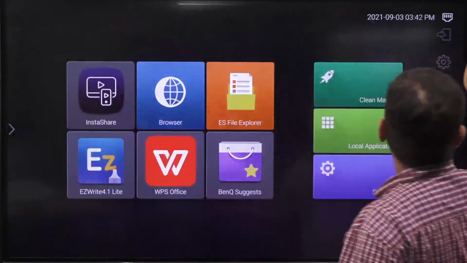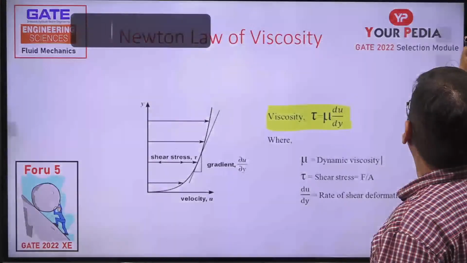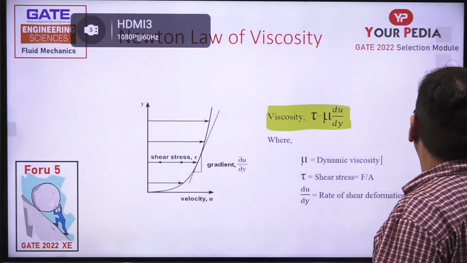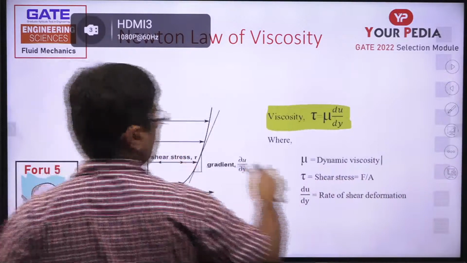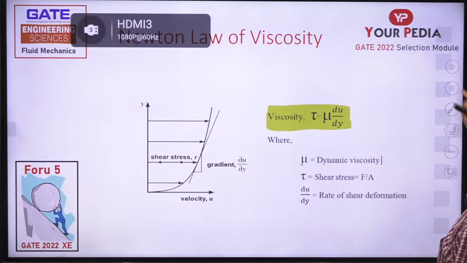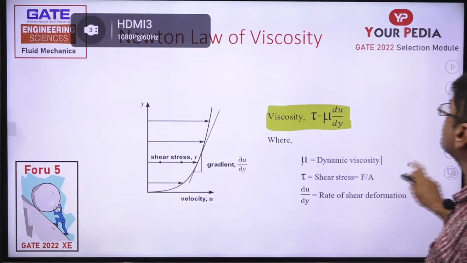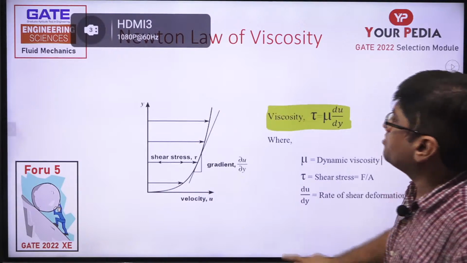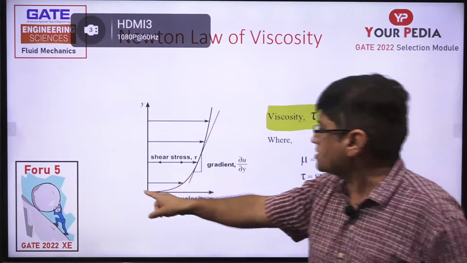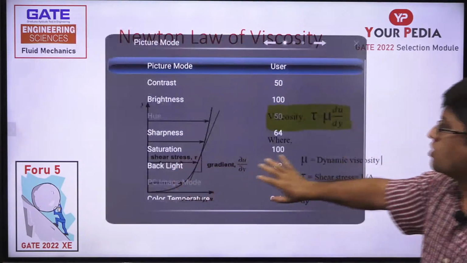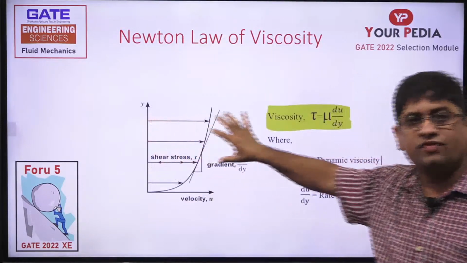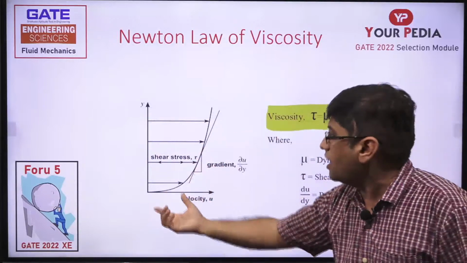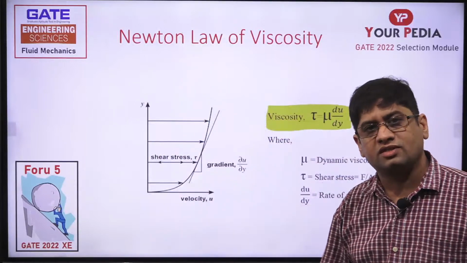The direction of the fluid flow is called longitudinal, and perpendicular to that is called the transverse direction.